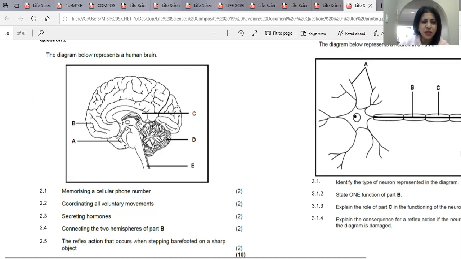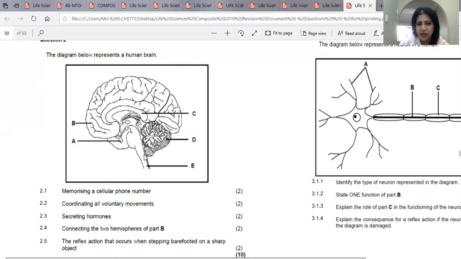A, that's your pituitary. I told you about that little gland that you already learned about when it came to reproduction. This will now be the big part of your brain, the cerebrum. B. C, that's the bunch of nerve fibers, corpus callosum. D, your cerebellum. And E, now notice it is elongating, coming right down here.